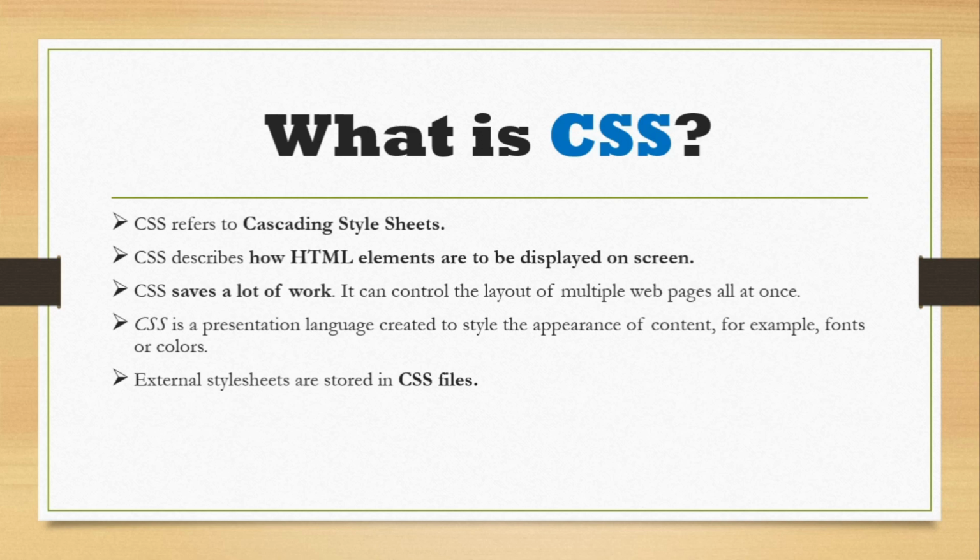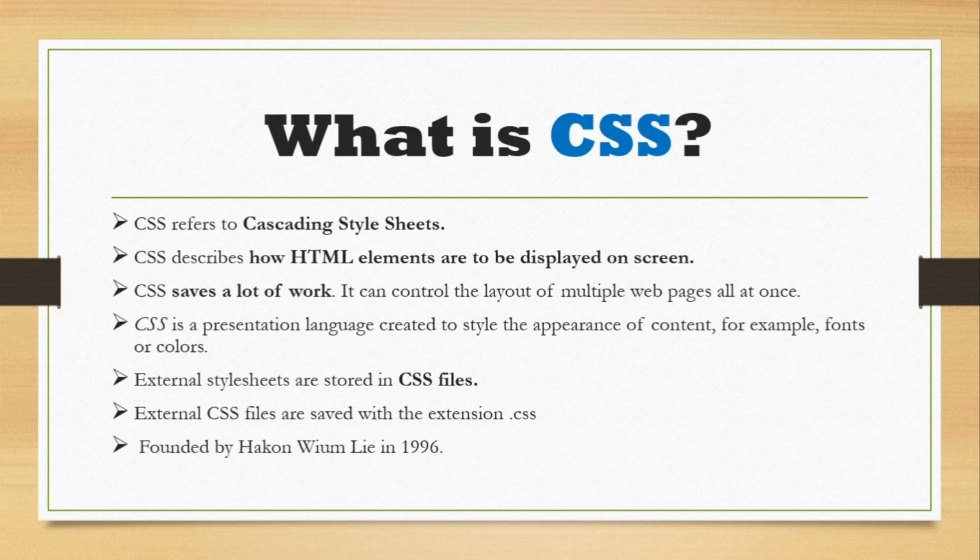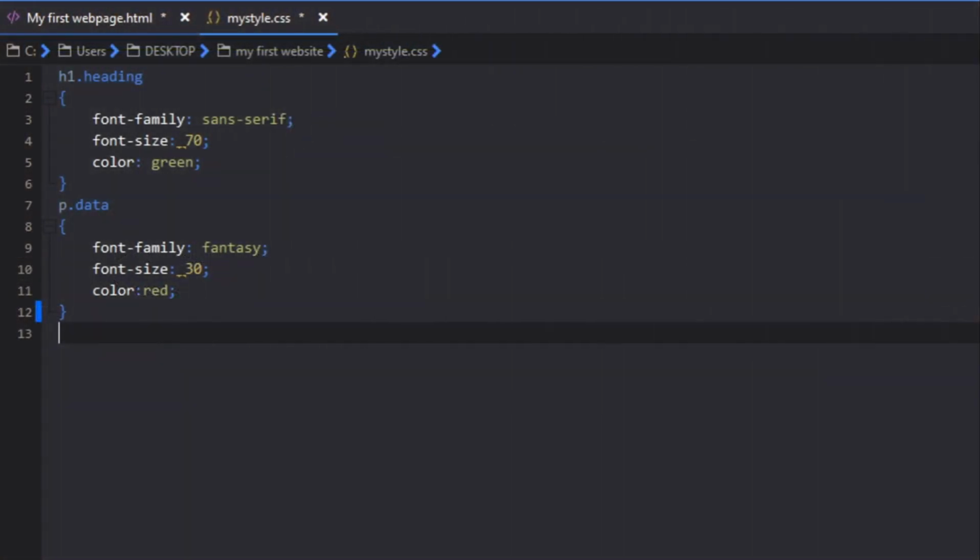External style sheets are stored in CSS files with the extension .css and CSS was made by Hakon Lie in 1996. Now this is an example of a CSS external style sheet. We can also design our web page directly by HTML, but that looks a bit ugly, so CSS files are a better option.